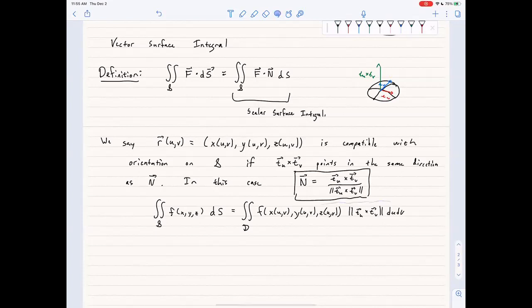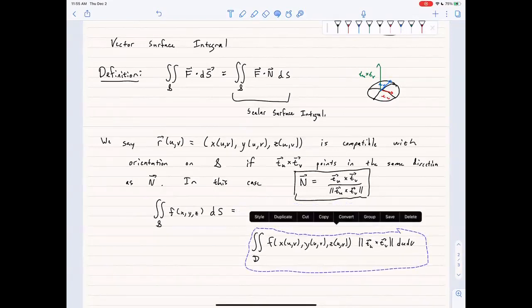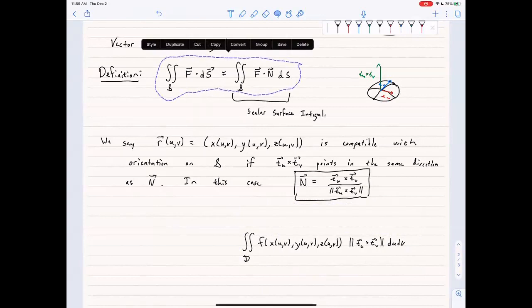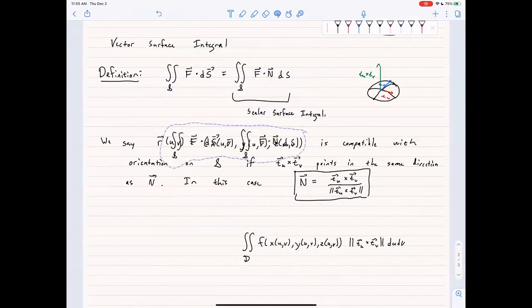So now let's use that along with this. If I look at this definition, and if I have a compatible orientation, let's assume that.